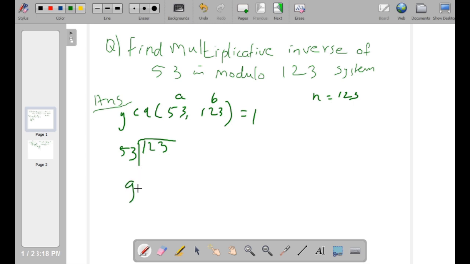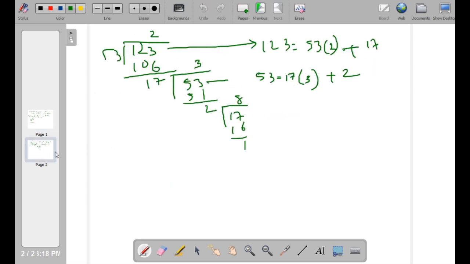So we can see GCD is equal to 1. So this is correct.